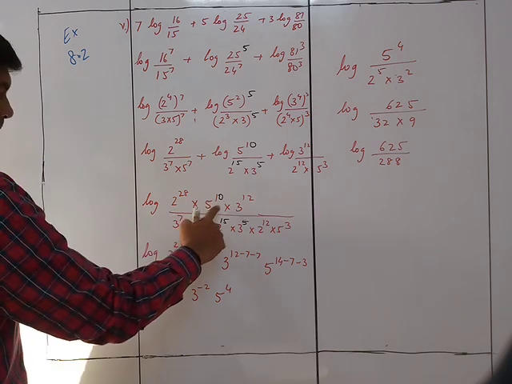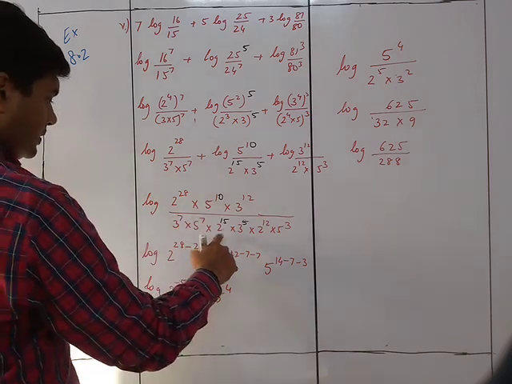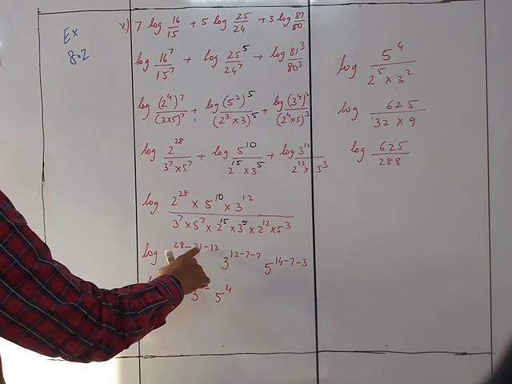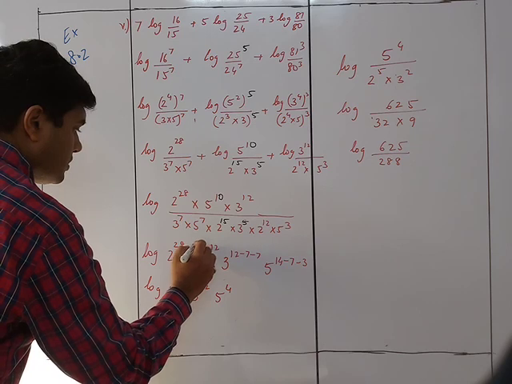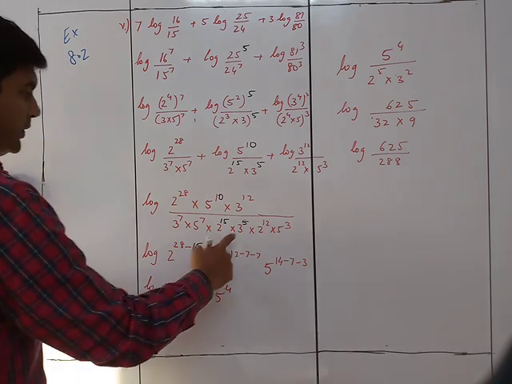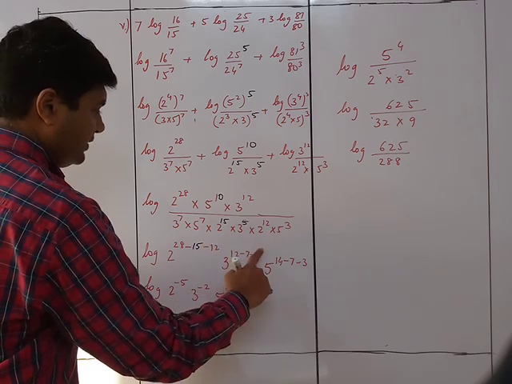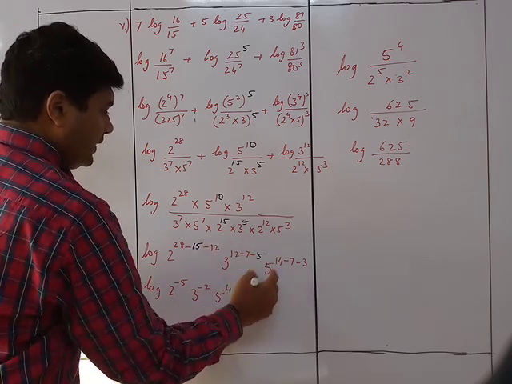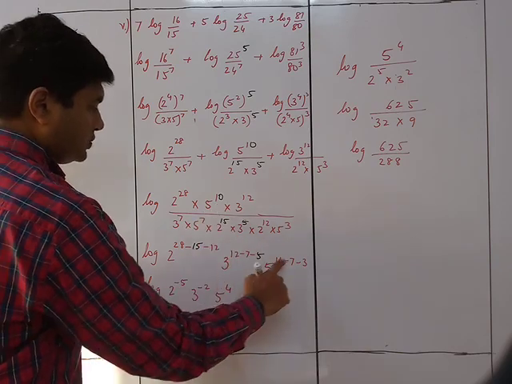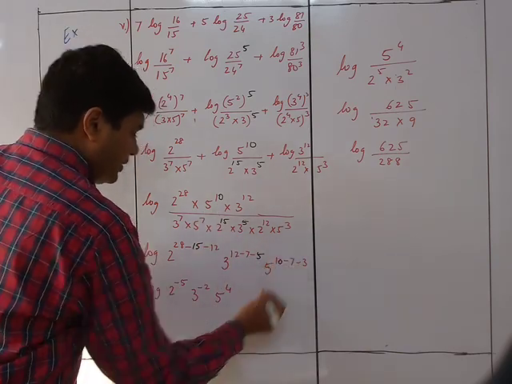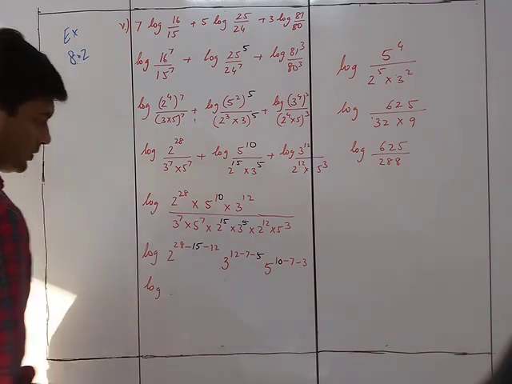So over here 2 raised to not 21, it will be 15, and over here 3 raised to 5, it will not be 7, it will be 5, and here 5 will be that's 10. So this is 10.